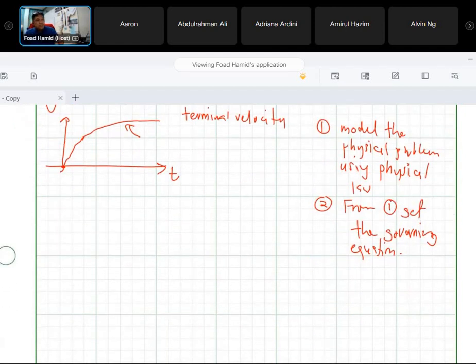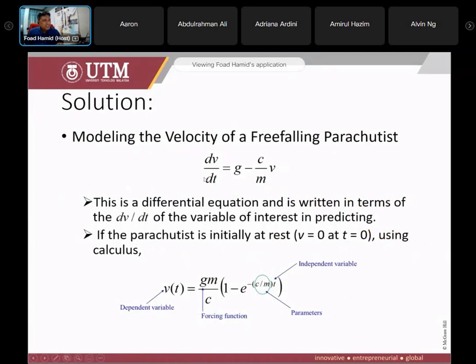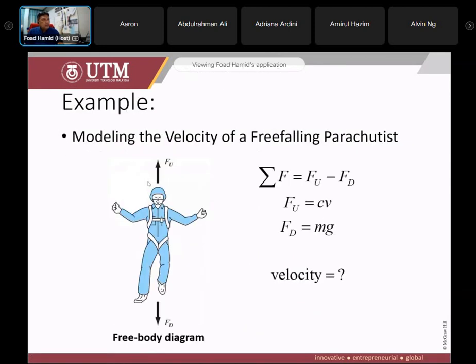Now the next step, and in the slides, it's already given you the governing equation. So let's see how we can get the governing equation from the physical problem using the physical law.